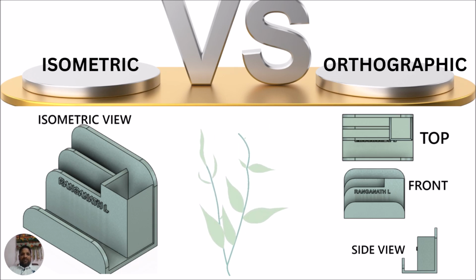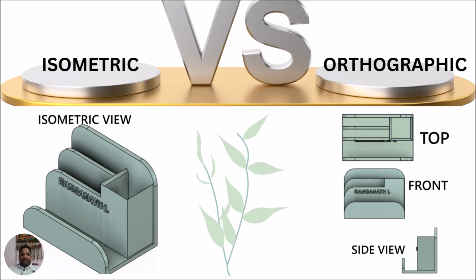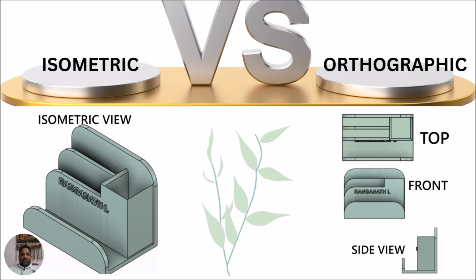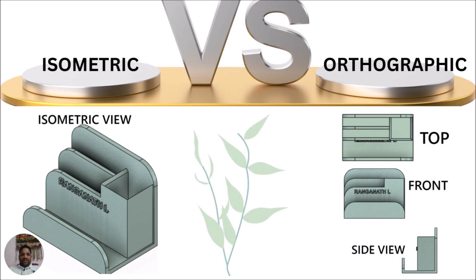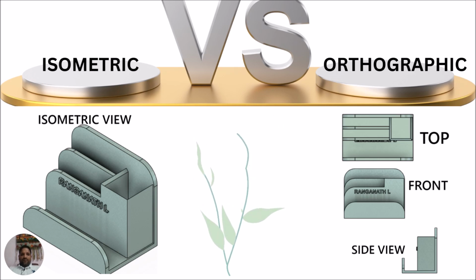Yes, I can see the side view. Can you see the top view? Yes, I can see the top. So all 3 views, you are standing at a particular position and you are watching here. So you are able to see all the 3 views in a single view. Then that view we call as isometric view.